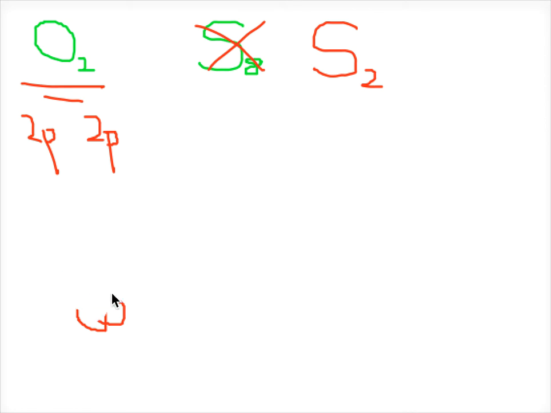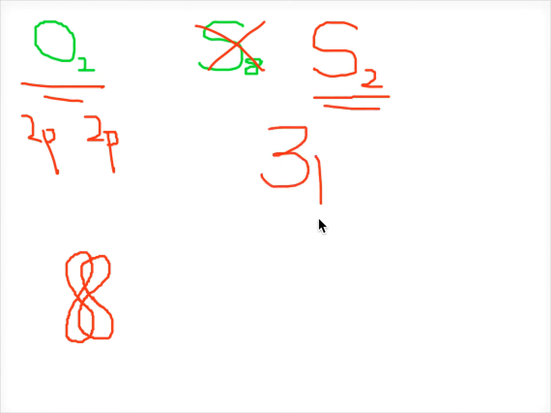Let me try to correct that. So one 2p orbital, the second 2p orbital. But if I want to form S2, it needs to use the 3p orbitals to form a 3p pi bond.